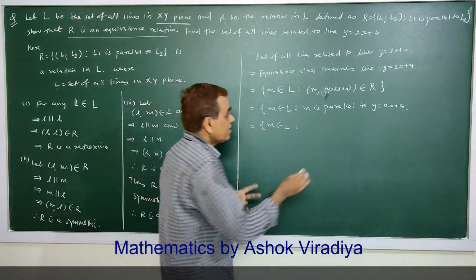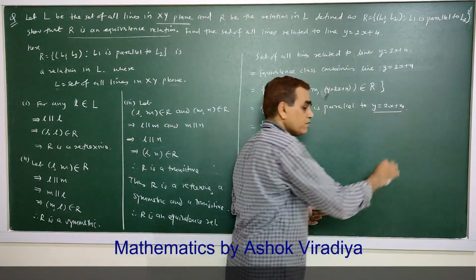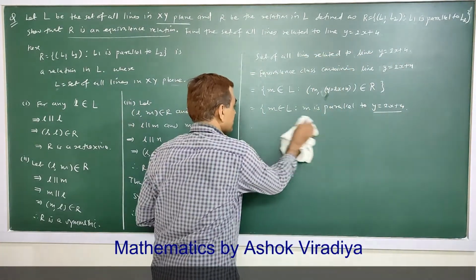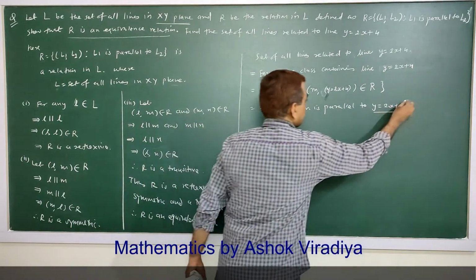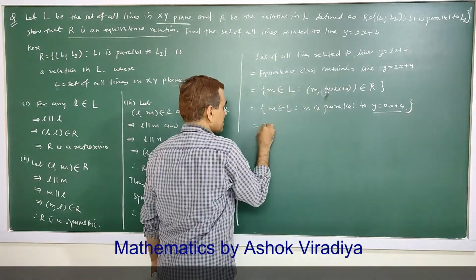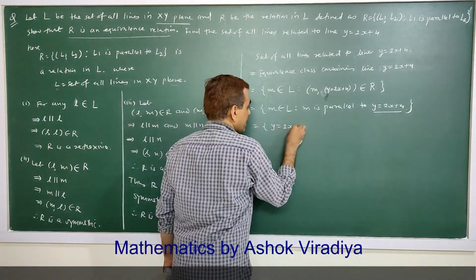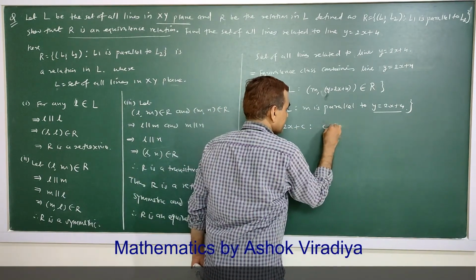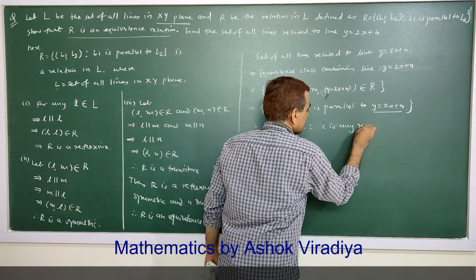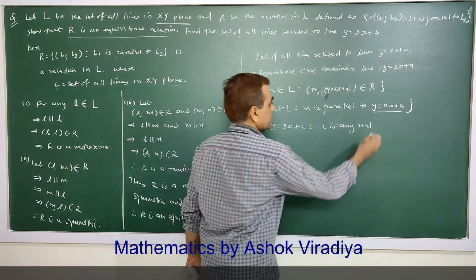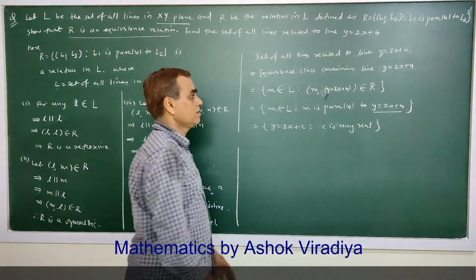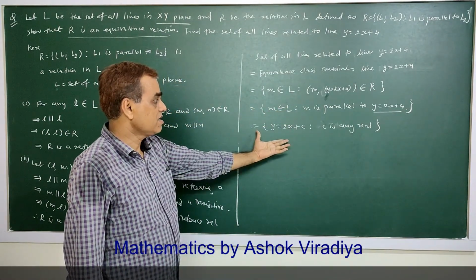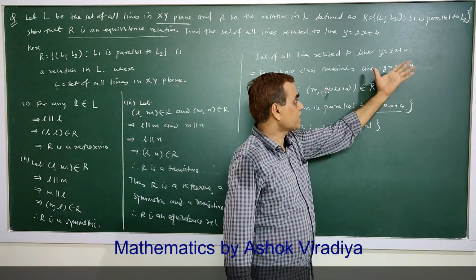All the lines which are parallel to y equal to 2x plus 4 can be expressed as y equal to 2x plus c, where c is any real number. So this is the equivalence class containing y equal to 2x plus 4.